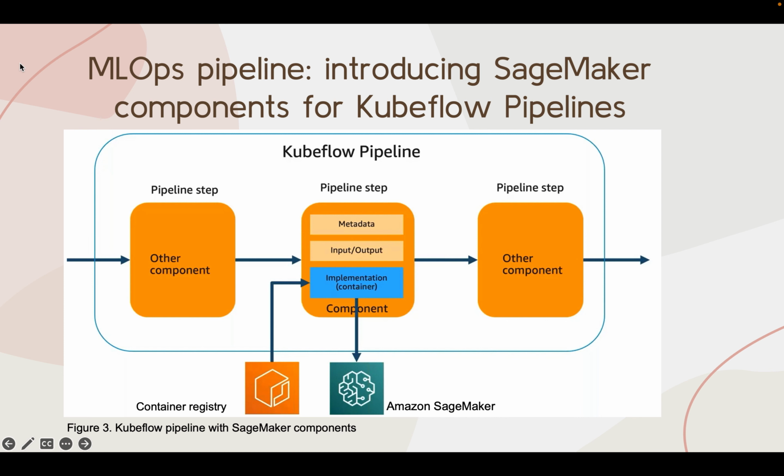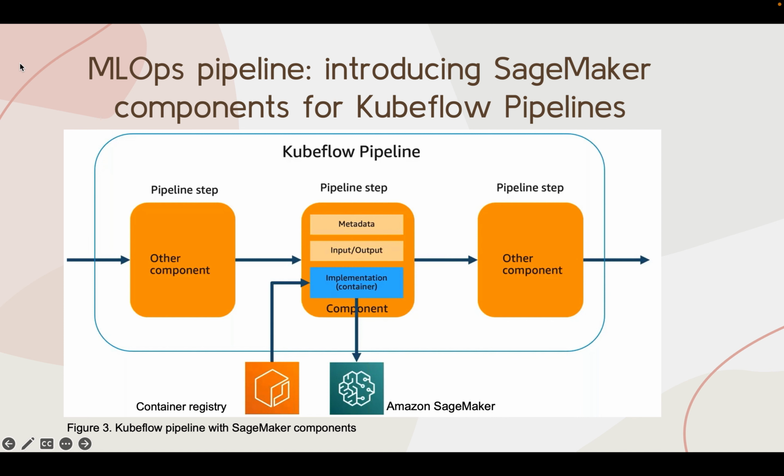Each step is an execution of a component. The component is implemented as a Docker container. It contains the code to execute and also any inputs and outputs and the metadata for the specific step. So when creating a pipeline, we're basically lining up these individual steps to define the Kubeflow pipeline.